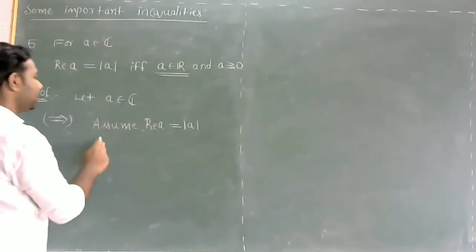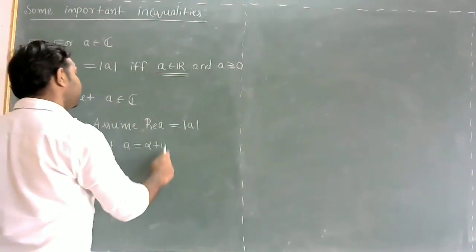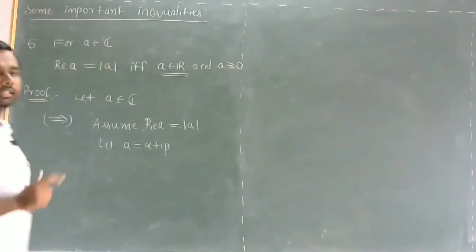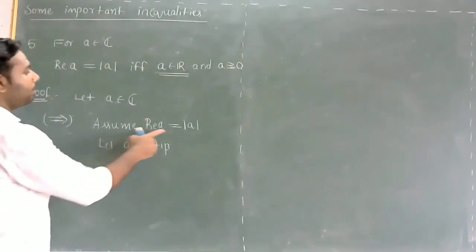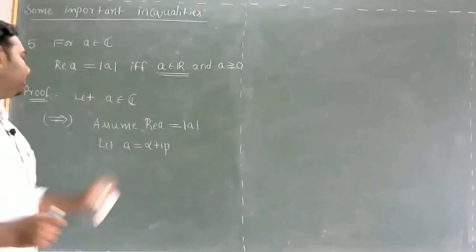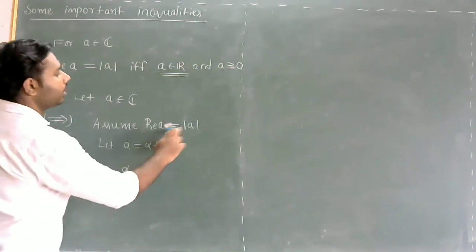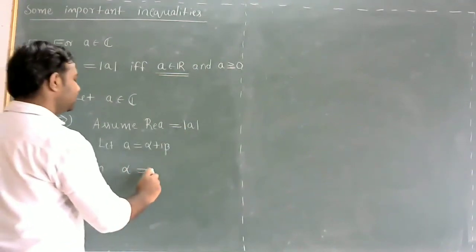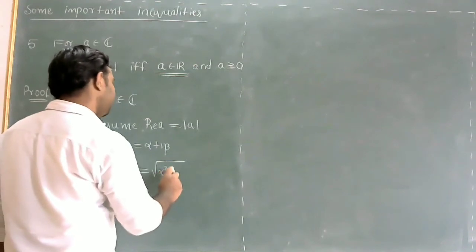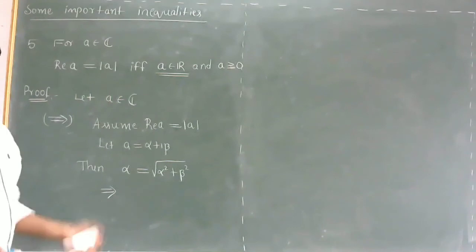As A is a complex number, let A be of the form alpha plus i beta. Then what is the real part? The real part is alpha, which is equal to modulus of A. So it is square root of alpha square plus beta square. Now square it on both sides.